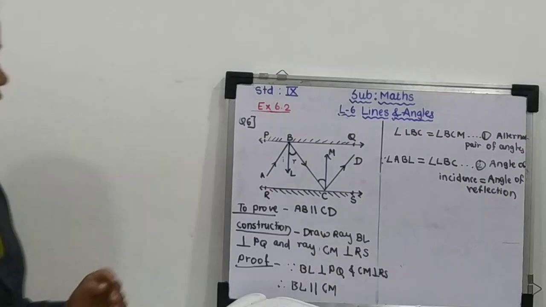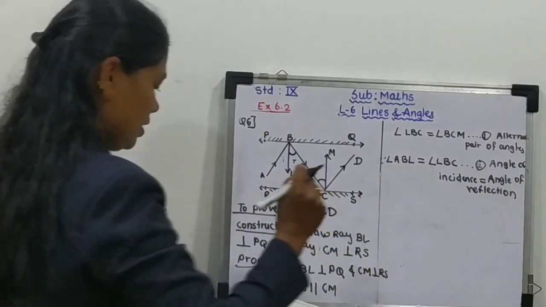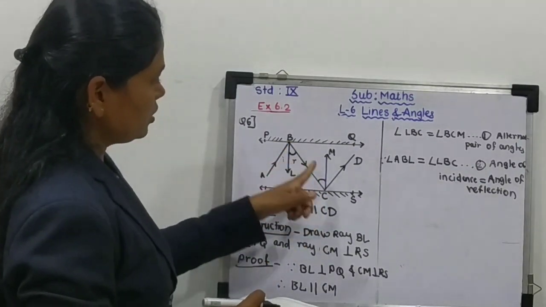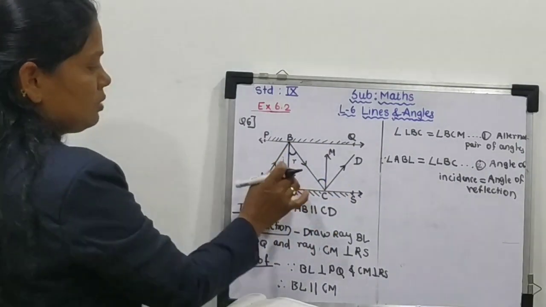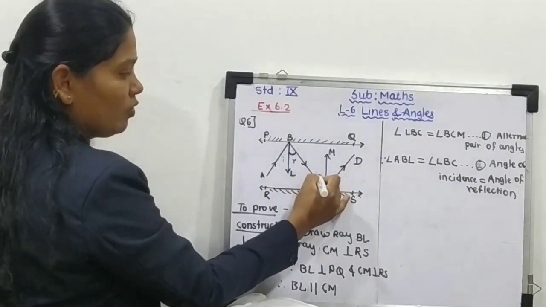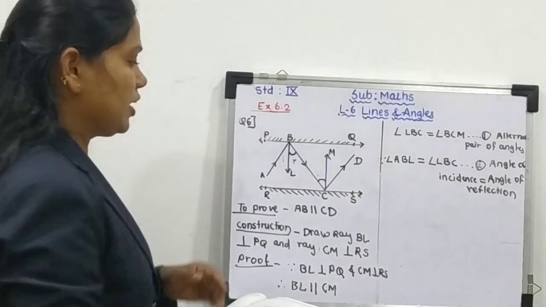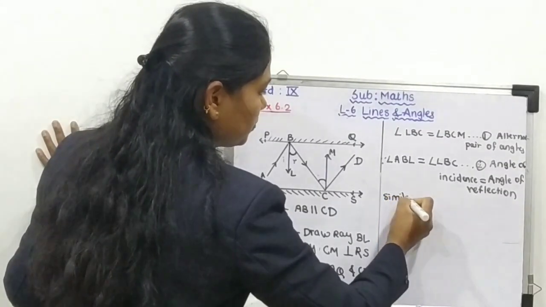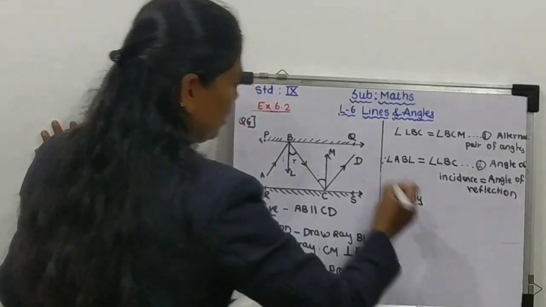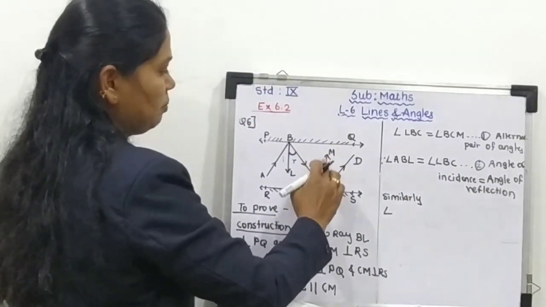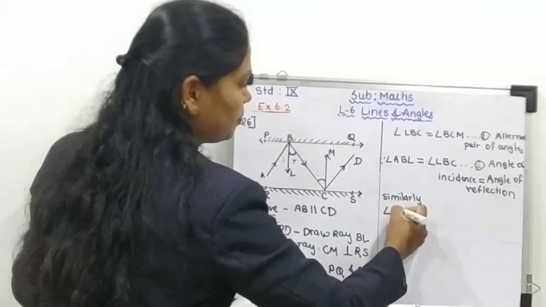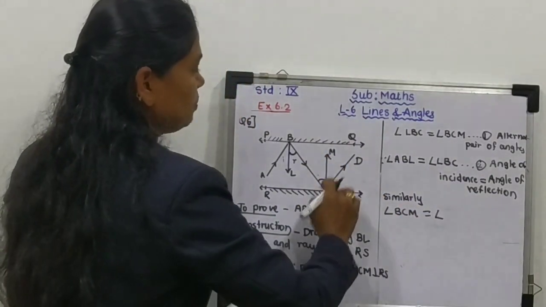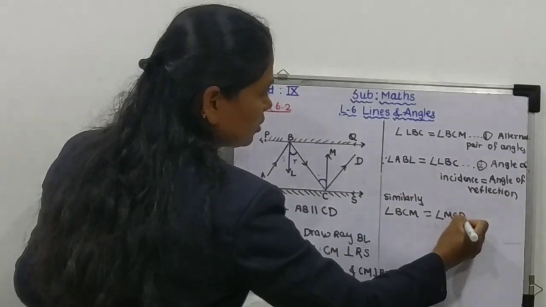Understood this one? Now we will write the same for angle MCB, which is also equal to angle MCD. Similarly, because this is also the angle of incidence and angle of reflection. So we write, similarly, angle MCB or BCM equals angle MCD. Reason?